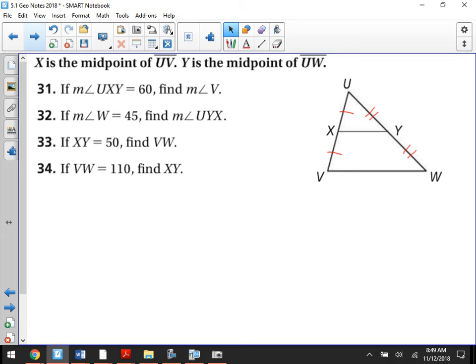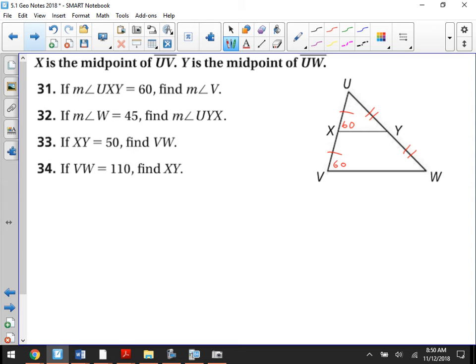So if it says that angle UXY is 60, what's angle B at? 60. If this is 60, that means this is 60. Those two angles have to be congruent.